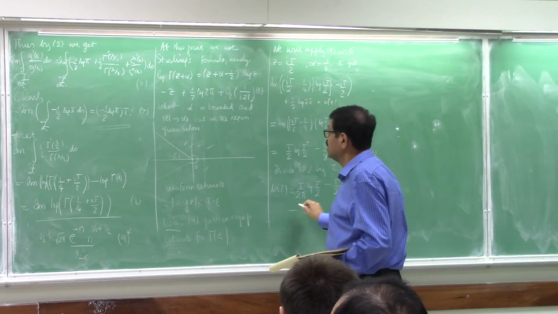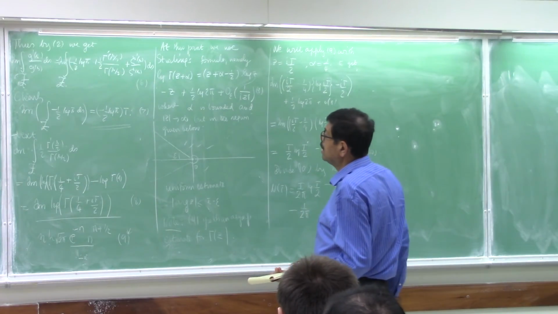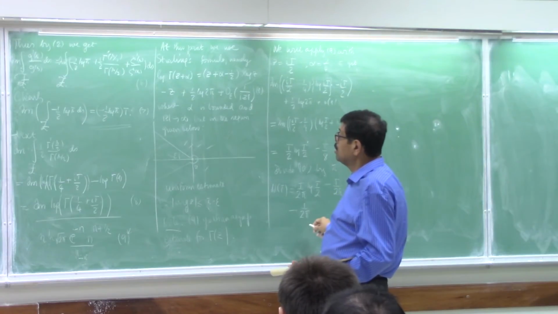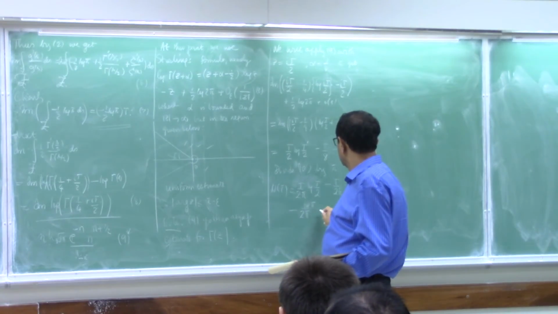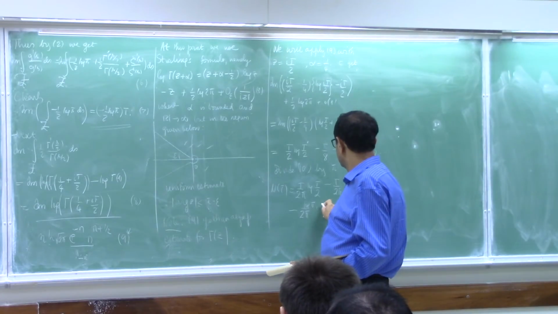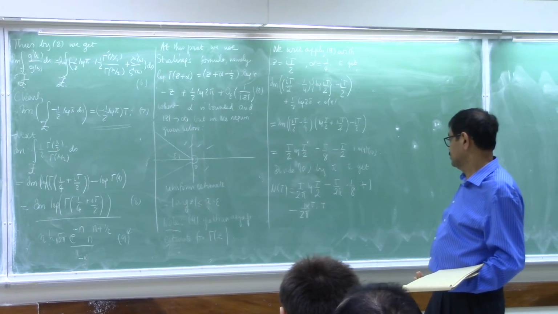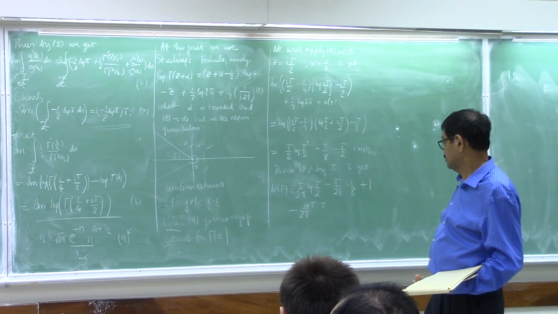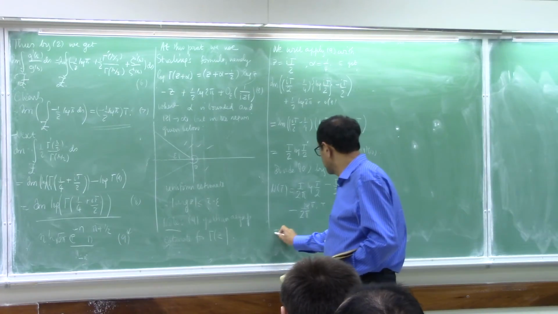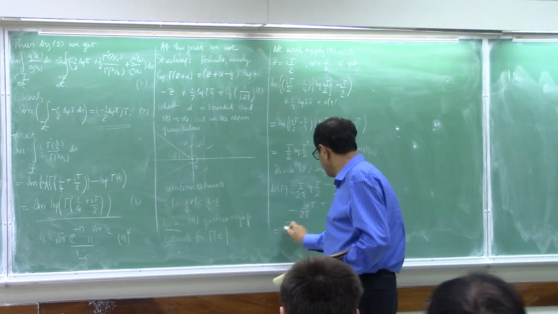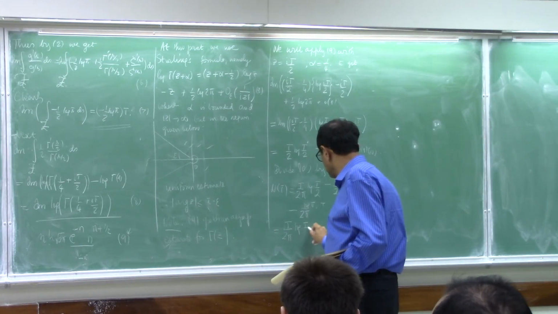So, minus 1 over 2 pi log pi times t. So that t goes in here. So this gives me t over 2 pi log of t over 2 pi.